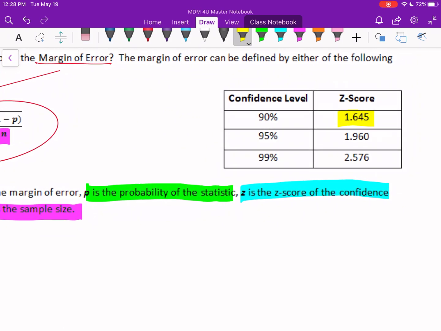Our confidence level is based on a normal curve. If I have a normal distribution that looks like this, there's my bell-shaped curve. If I want a 90% confidence level, we know we don't measure things really from one end normally. We're going to be measuring it out from some central mean, in fact.